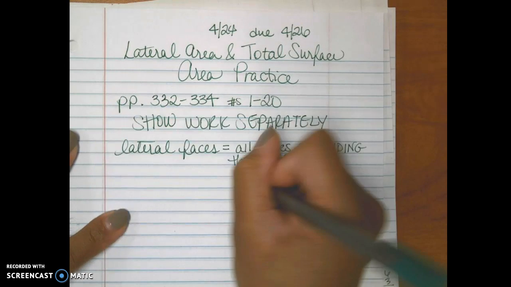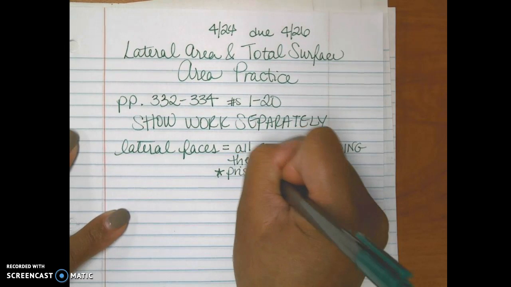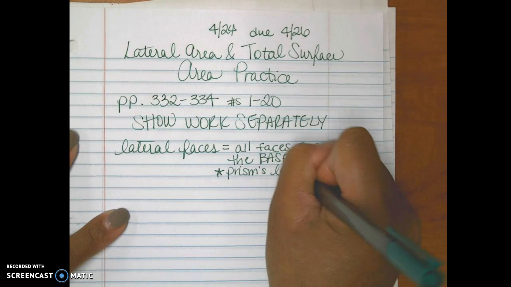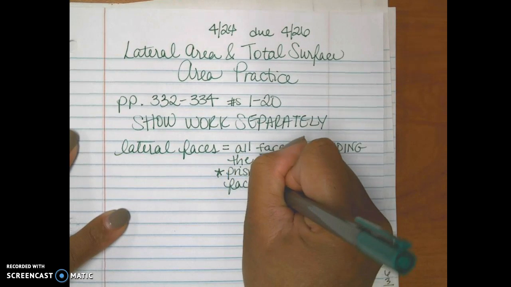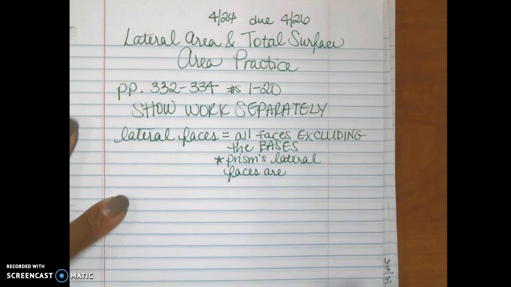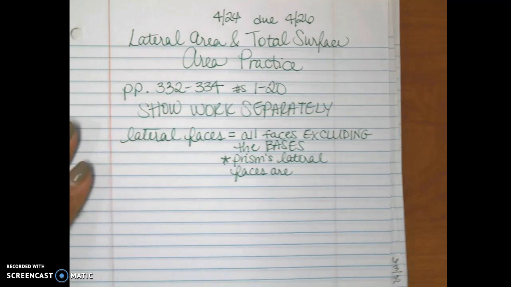So for a prism, prism's lateral faces are what? What is the majority of the faces in a prism? That means most of the shapes. If I were to flatten out a prism, what are most of the shapes going to be?